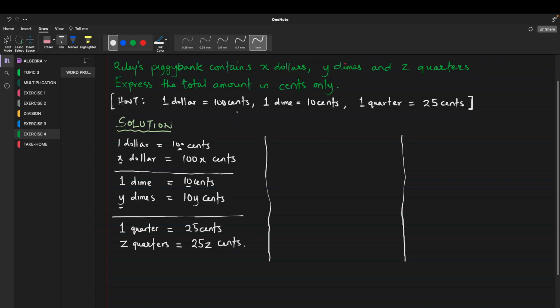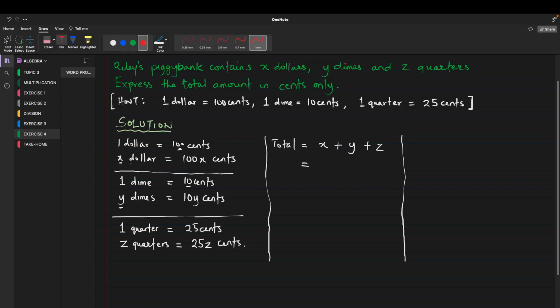Right? So the question says express the total amount in cents only. So total would be equal to x plus y plus z. And what does our x dollars represent here?